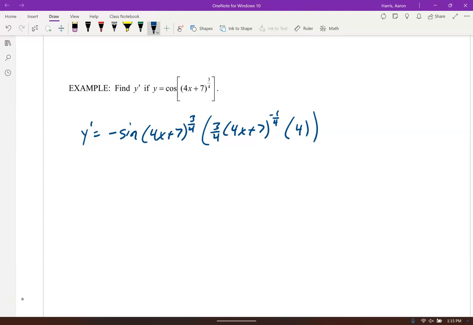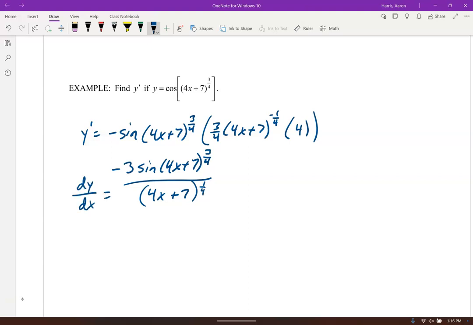And now notice I got 3/4 times 4, I got 12/4, so I got 3. And then I got the negative in front. I got negative 3 sine of that 4x plus 7 to the 3/4, and then this 4x plus 7 to the 1/4 is down there at the bottom as a positive 1/4. And there's our dy dx.